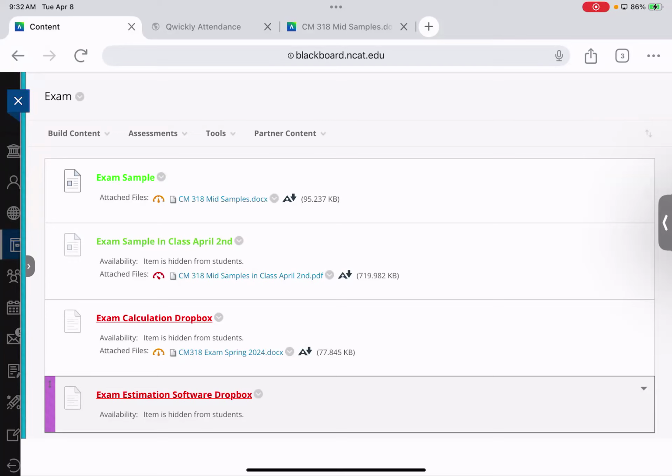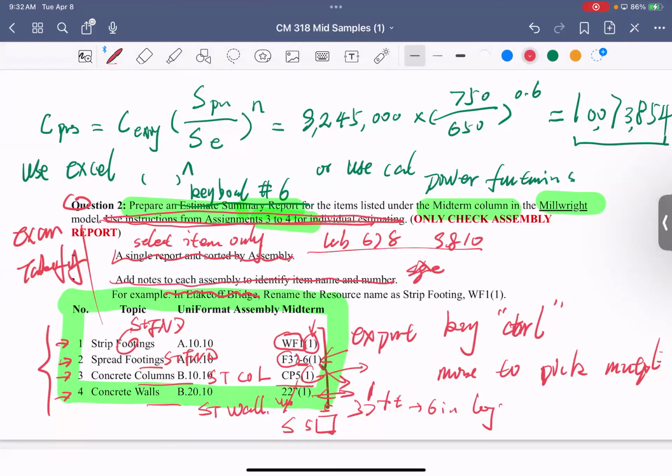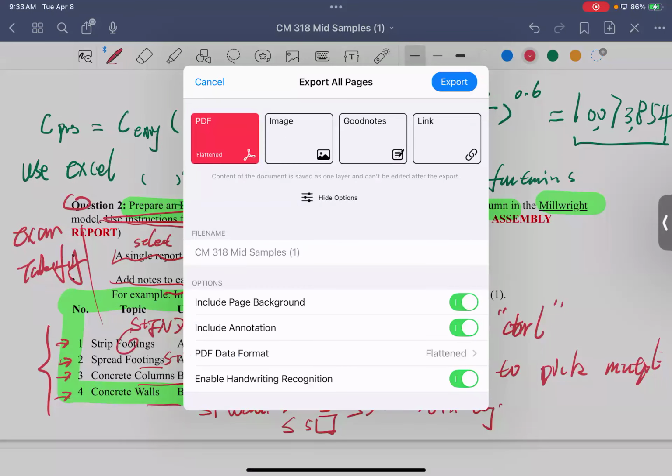If you're writing with the iPad, you should know how to export it. For example, I'm doing the export all, and this one will export all as a PDF. Please do not give me screenshots. Please do not give me individual pictures.